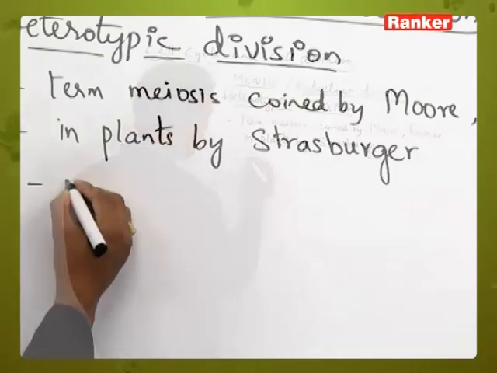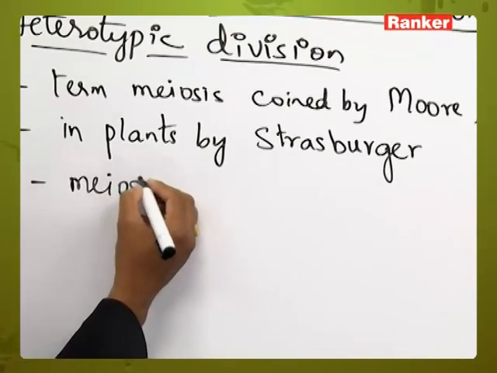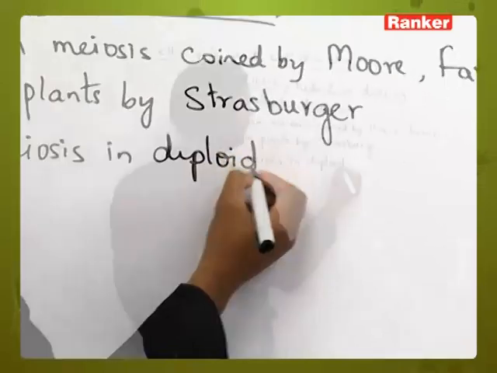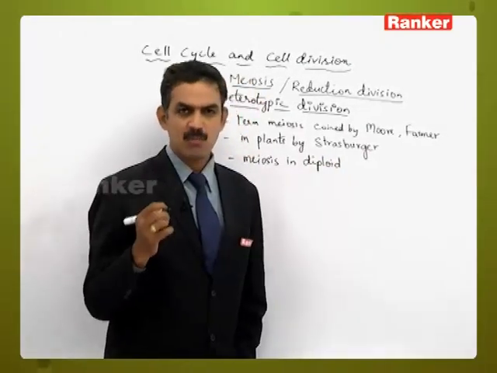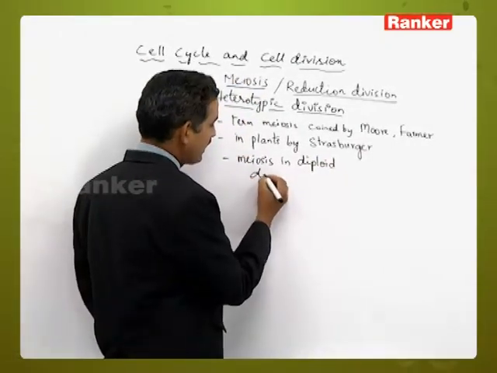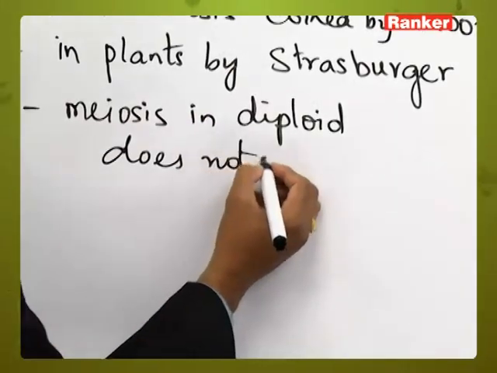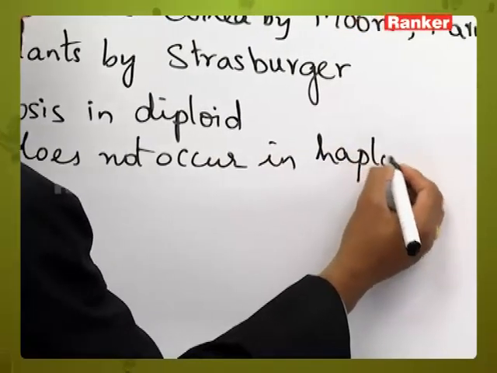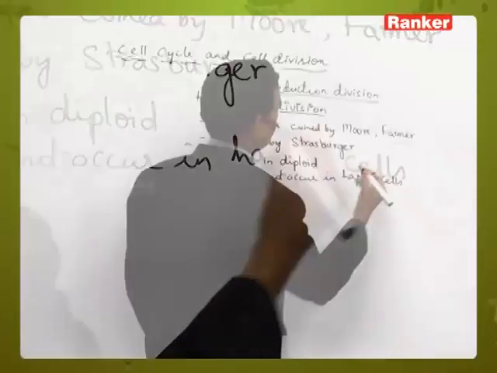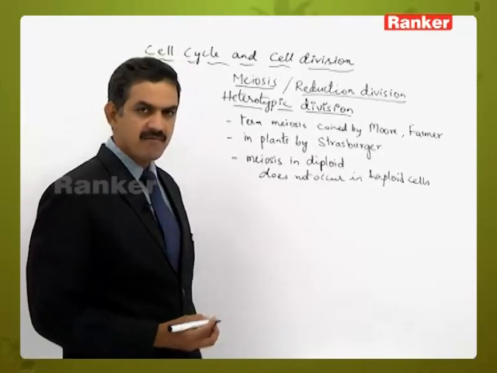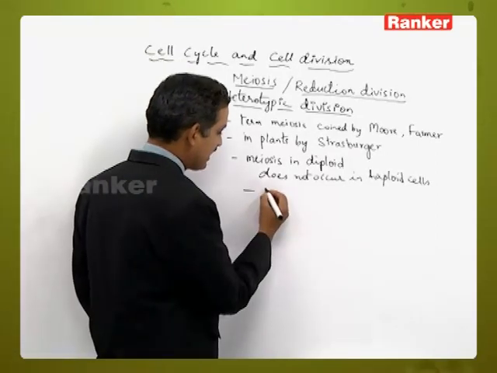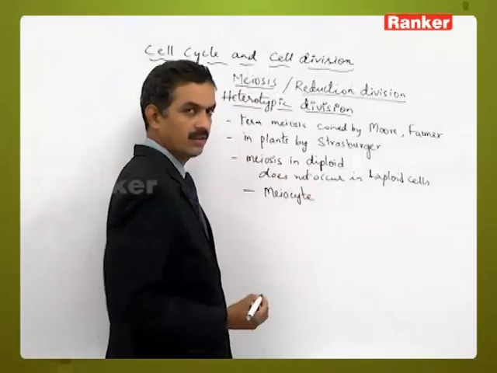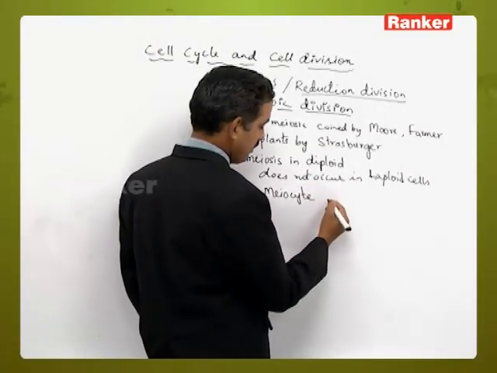So here meiosis occurs only in diploid cells, or cells which have an even number of chromosomes. It does not occur in haploid cells in plants, and any cell which undergoes meiosis is called a meiocyte.